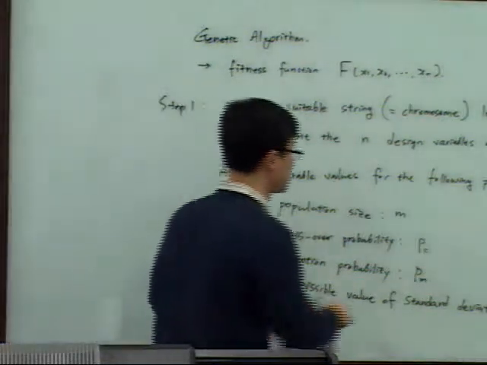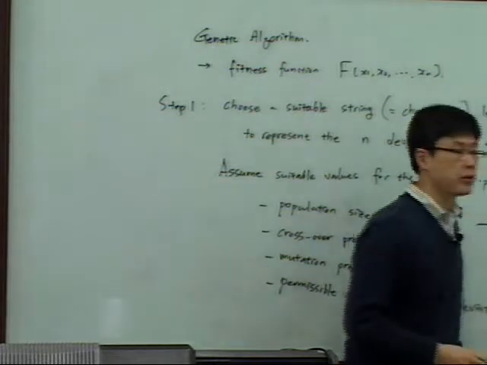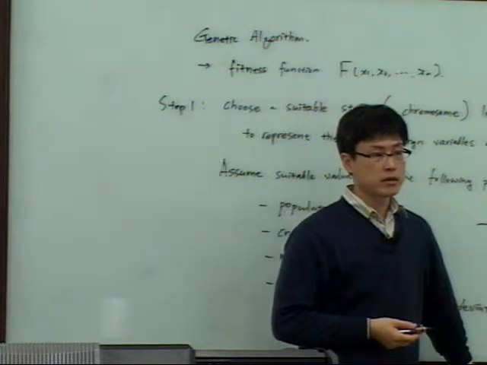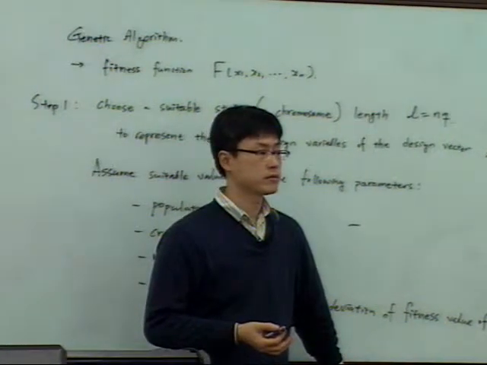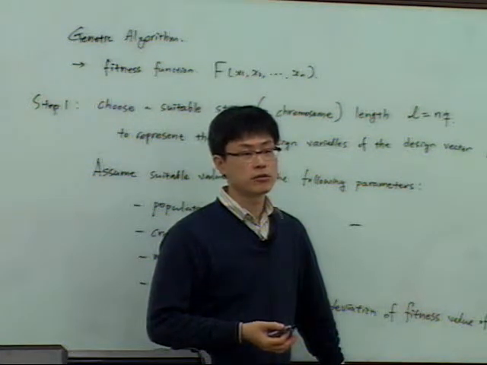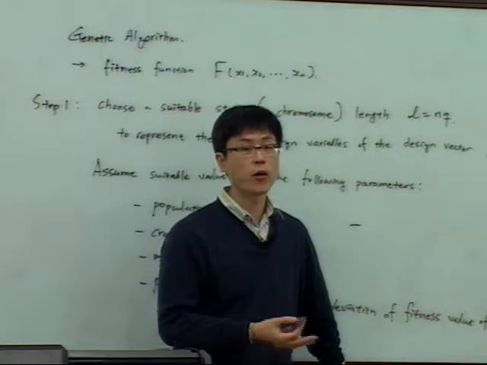And also, you know, the bottom line of genetic algorithm is we are mimicking the evolution process. As you know, this evolution will keep going and going and going. There is no end.